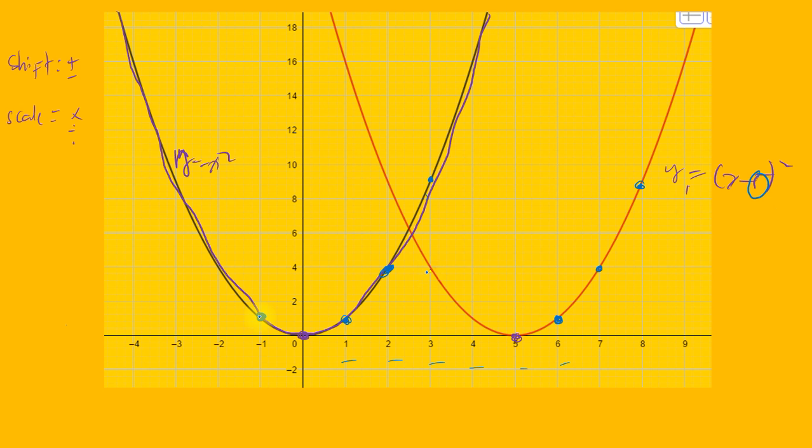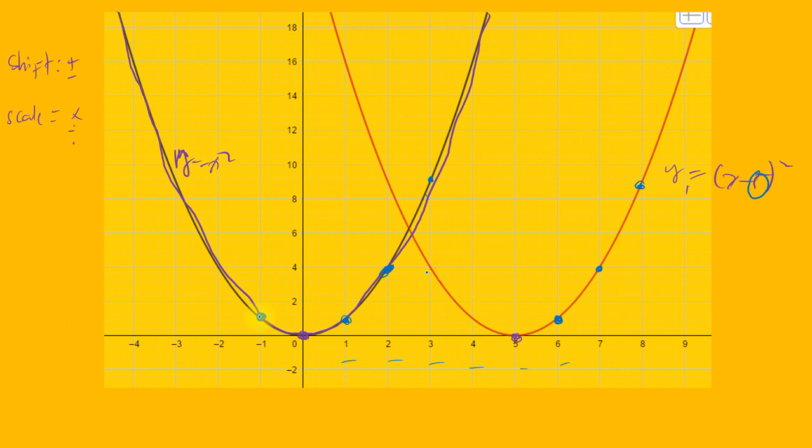So the idea here is y equals x squared is shifted horizontally by 5 units.